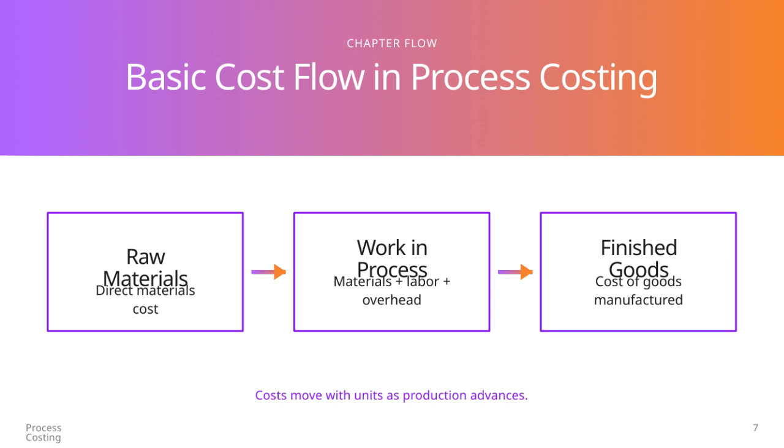Once the product is completed, it becomes finished goods, and the total accumulated cost is referred to as the cost of goods manufactured. This flow illustrates how process costing tracks and assigns costs at each stage, ensuring accurate cost measurement as products progress through production. Understanding this flow is crucial for managing and controlling production costs effectively.